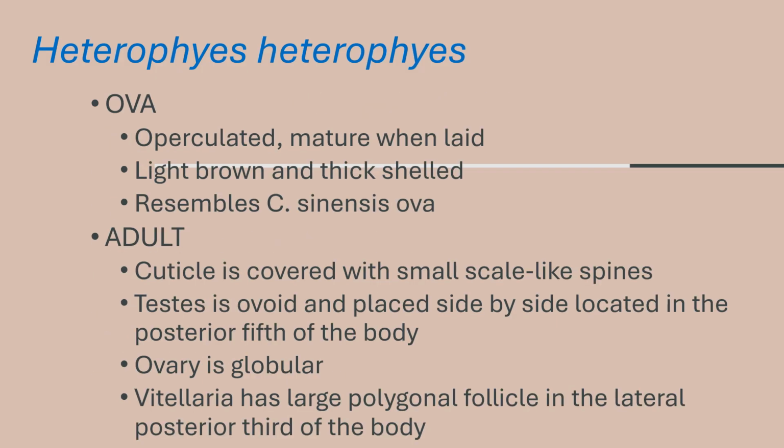Let's take a look at the developmental stages. The ova of Heterophyes is operculated and mature when laid. It measures 27 to 30 micrometers by 15 to 17 micrometers. It is light brown and has a thick shell.